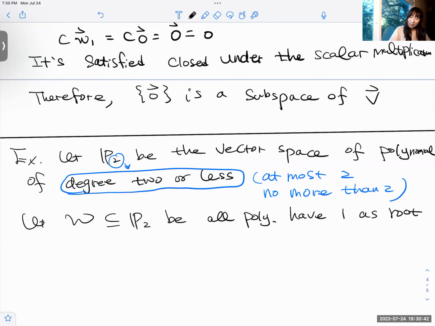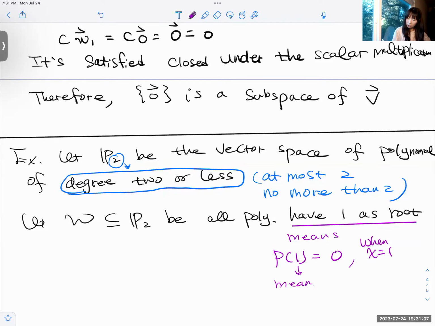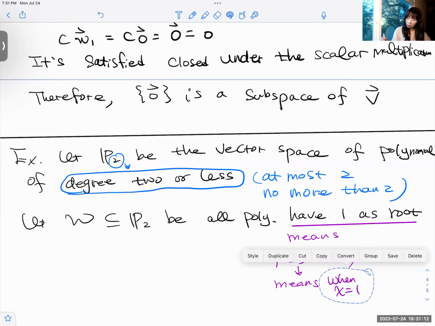Have 1 as a root means, it's a polynomial, so we can use that p of 1 equal to 0. That means when x equal to 1, we can find the root, right? Graphically, the root is on the x-intercept, right?